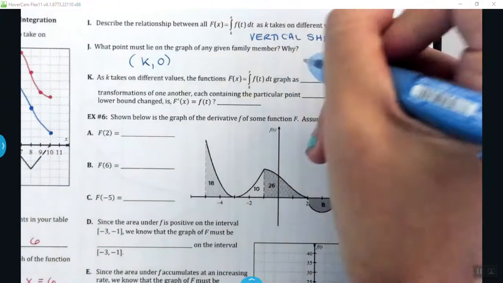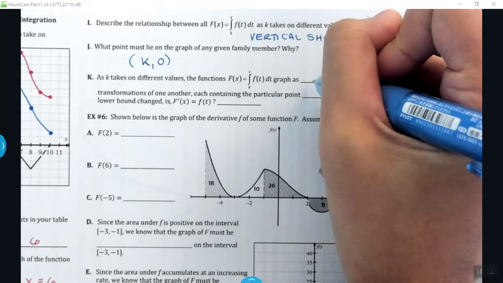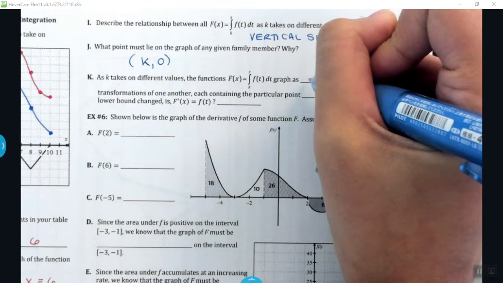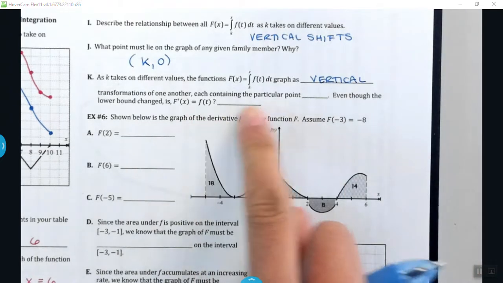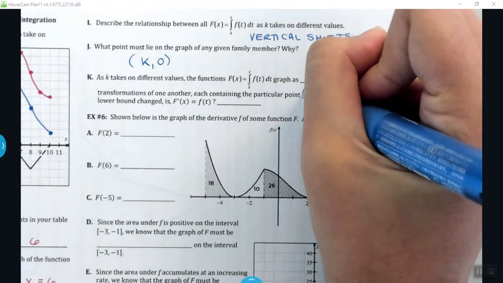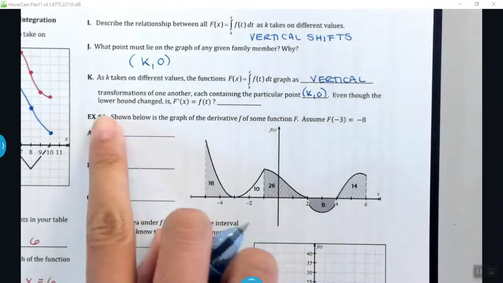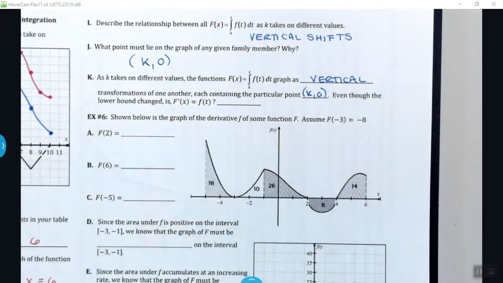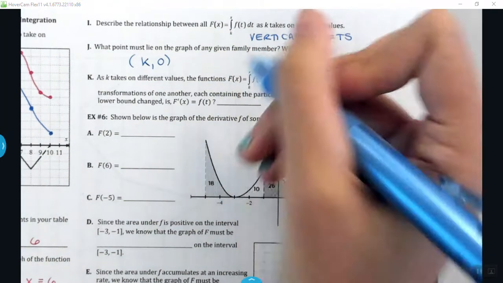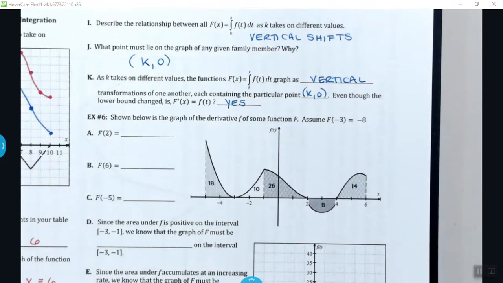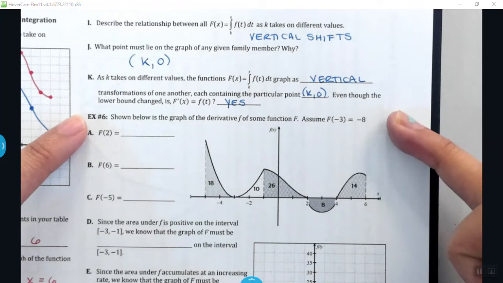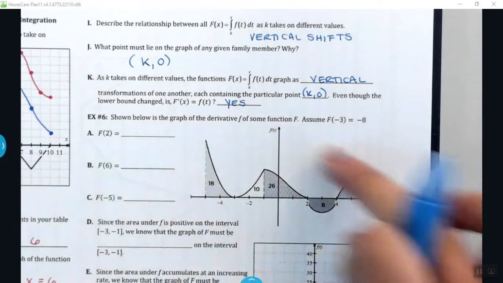So as K takes on different values, the functions given by the integral of f of t dt graph as vertical transformations of one another, each containing the particular point (K, 0). Even though the lower bound changed, is the derivative still the same? Yes. It doesn't matter what that lower bound is, this derivative still stays the same.